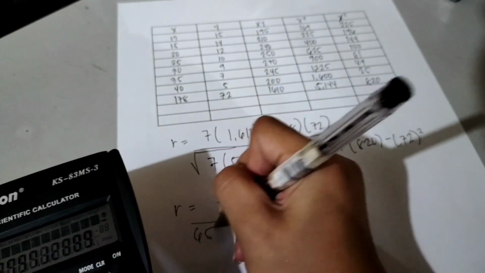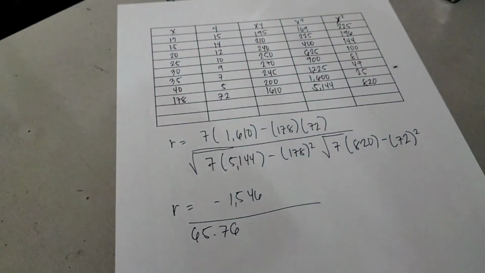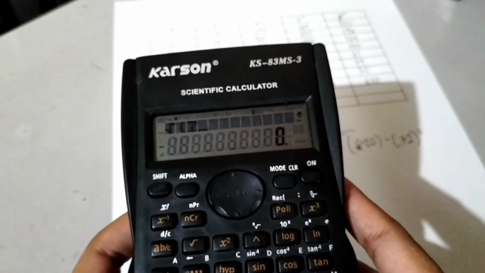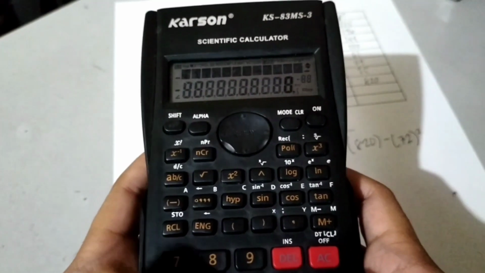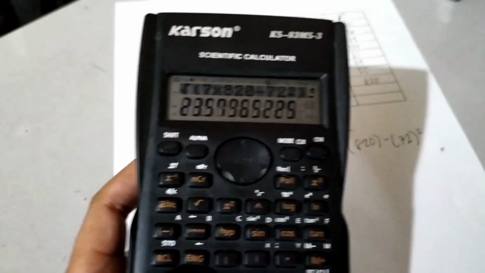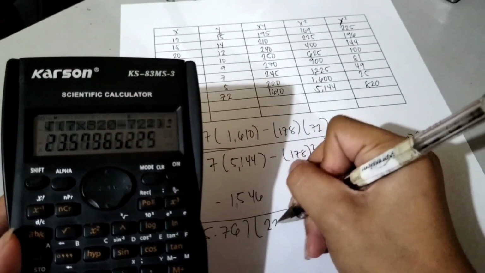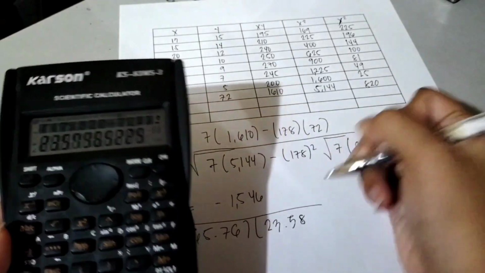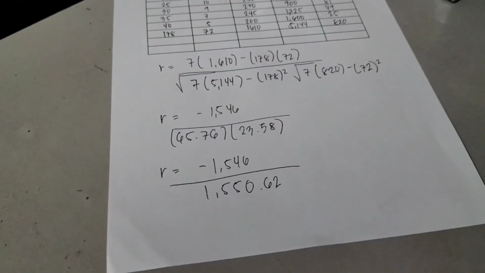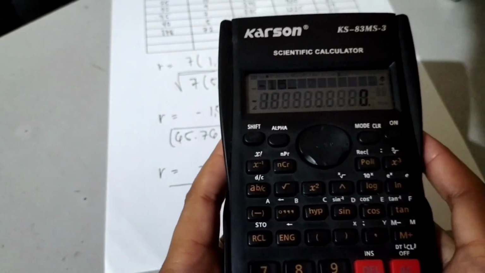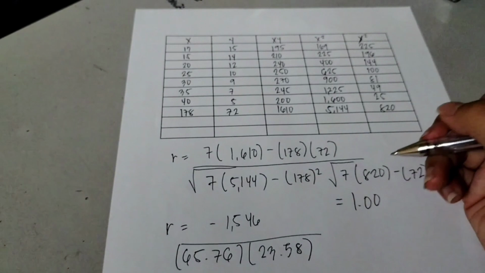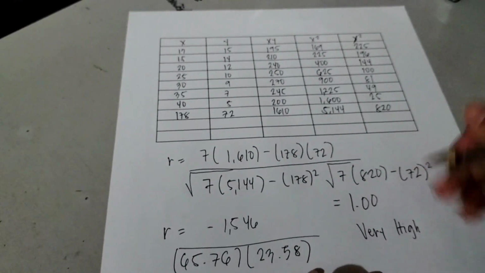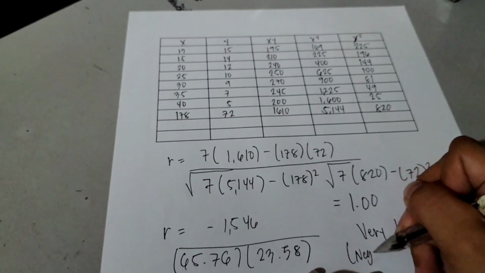So, ang total ay 65.76, at ita-times natin siya sa y part, na ang equal ay 23.58. So after times ng denominator, i-divide naman natin siya sa numerator. At ang total ay 1.00. So it is a very high positive correlation.